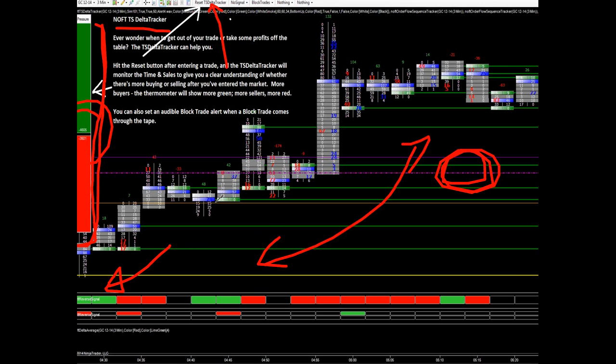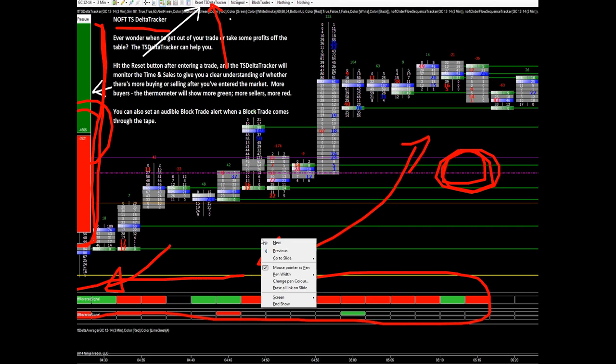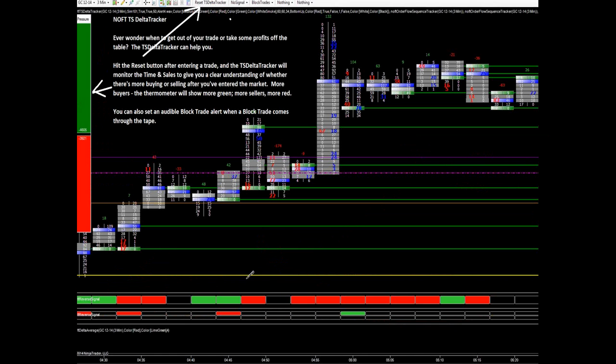It has different settings, and basically it has single, combined, and block signal incorporated into it. These are all these red and green colored cells down at the bottom of this chart, and you can adjust the volume clusters and delta within the actual signal.